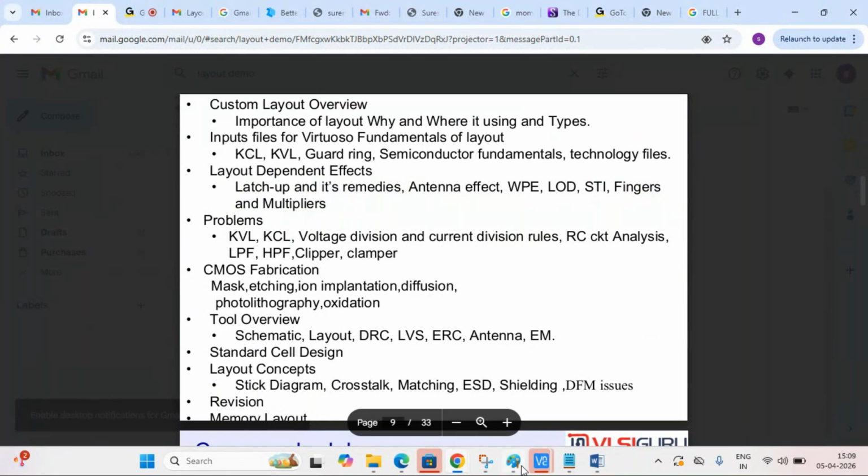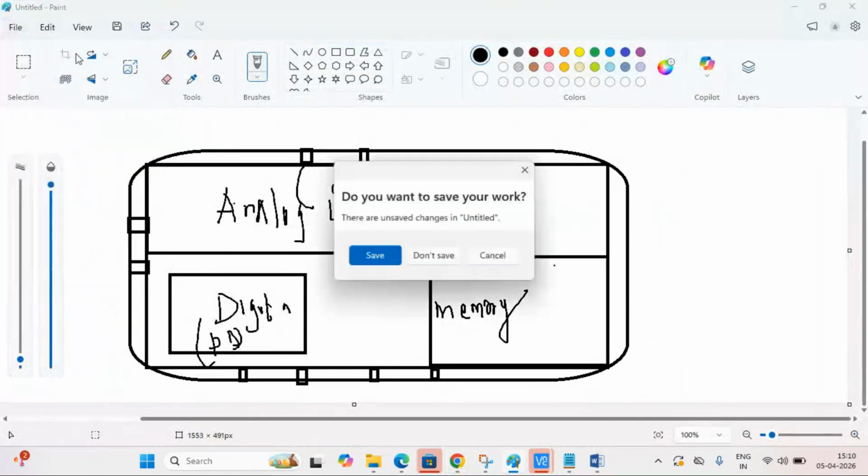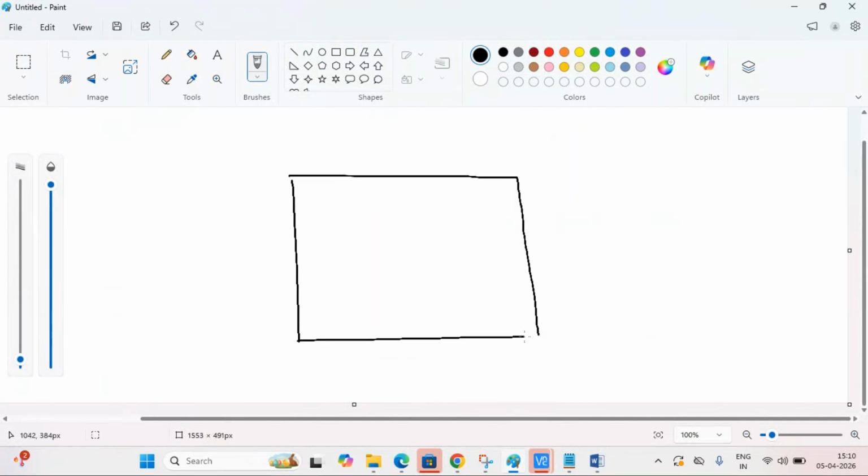I'll give some idea about it like this. In your hometown, suppose you are building a house. What do you say? Step one, you're planning.